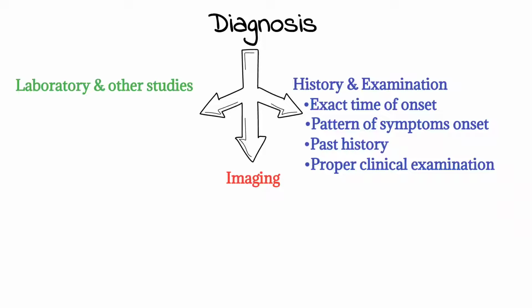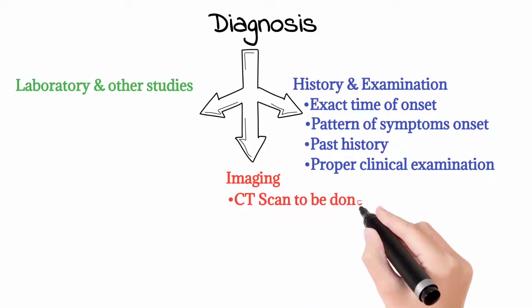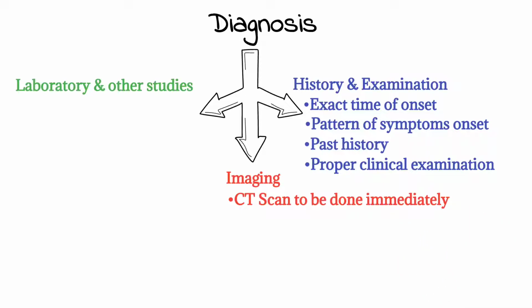Next, coming to imaging, it is very important to do an immediate CT scan to rule out hemorrhagic stroke. The best thing about CT scan is that it has 89% sensitivity and 100% specificity in diagnosing hemorrhagic stroke in emergency settings.